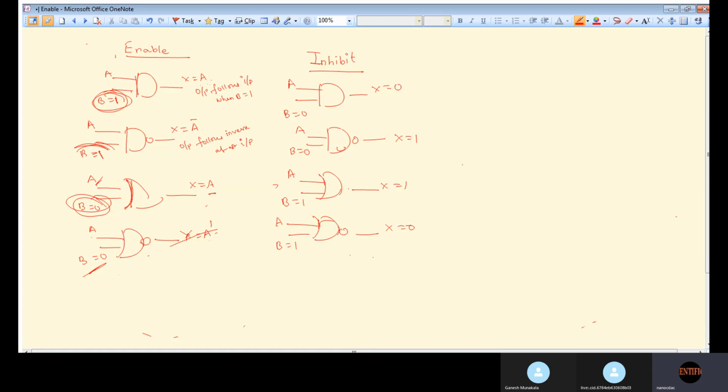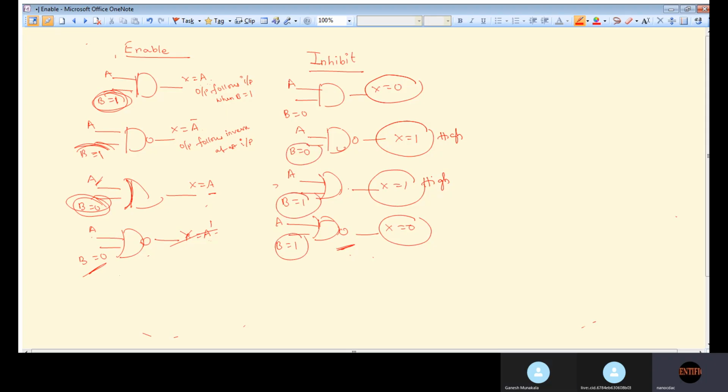So here we can say that AND and NOR gates are inhibited, and they produce constant outputs. This one is producing constant low voltage, and this one is producing constant high voltage.